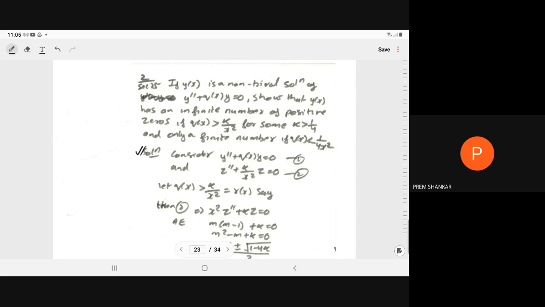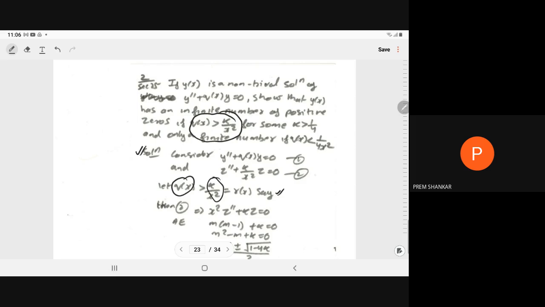Here, let q(x) be greater than k upon x square, because this is what we have to prove. This k upon x square we say is r(x).